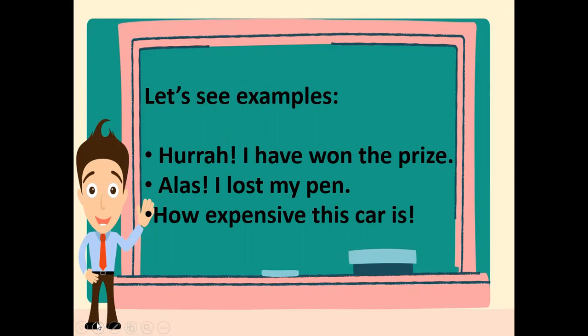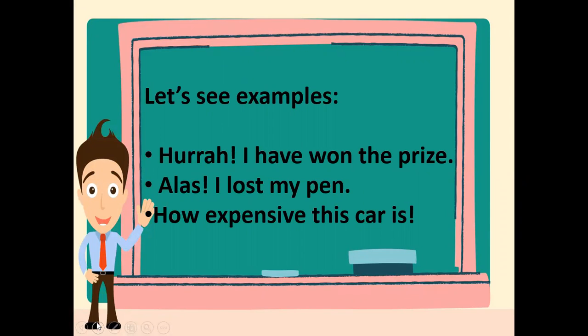If you see hooray and after that there is an exclamation mark, hooray is called an interjection, and interjections are used to show certain feelings. In such sentences, you will have certain interjections and an exclamation mark will also be used. This sentence shows us that someone is happy because he has won the prize.